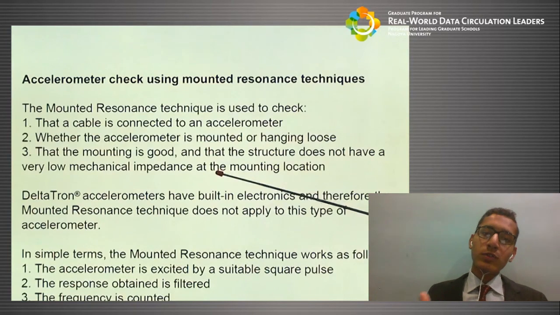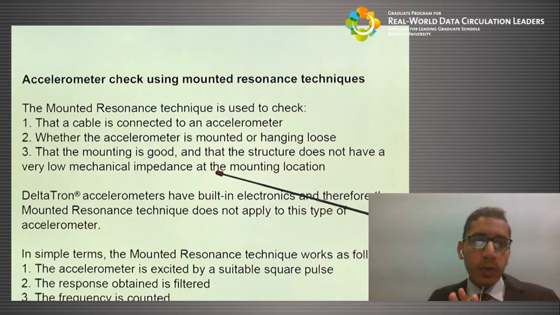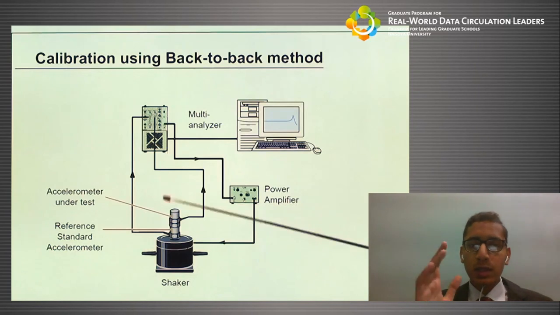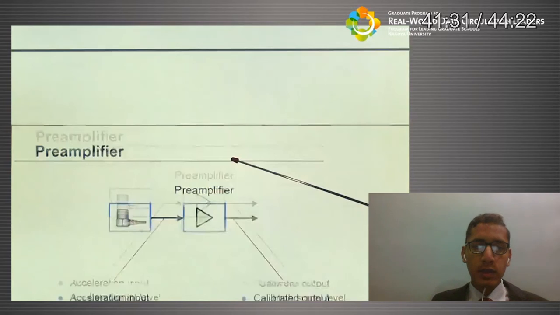Accelerometer check using mounted resonance technique. We have a mounted resonance technique which is utilized as an accelerometer check. The points are given as explained. We have calibration using the back-to-back method. In this method, one end is connected at one side and the other end is connected at the other side.